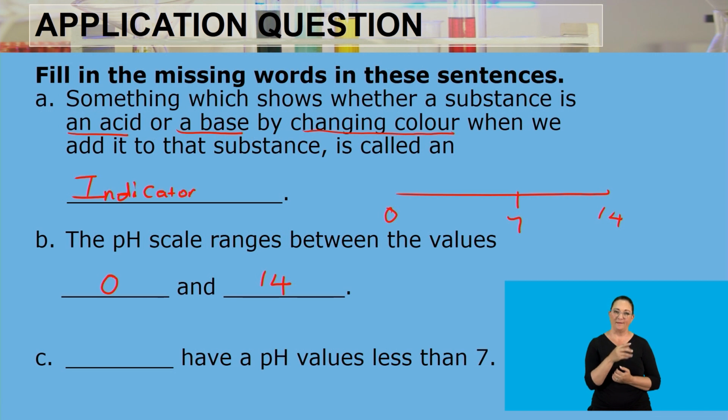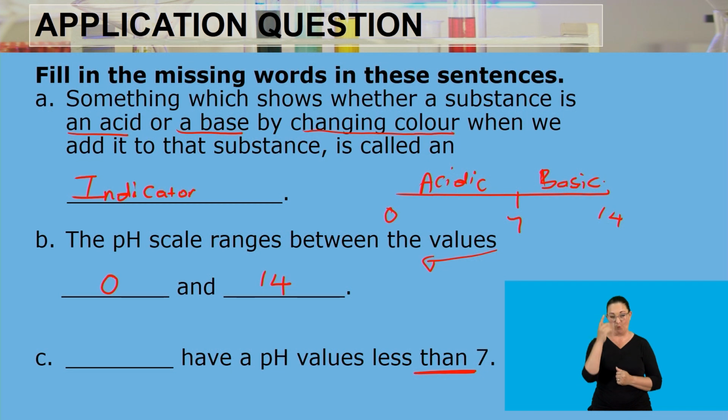And then C, something have a pH value less than 7. So less than 7, we know that you're going to the left-hand side of 7. And we know that these substances that have a pH value that is less than 7, they are acidic. And the substances that have a pH value greater than 7, they are basic.